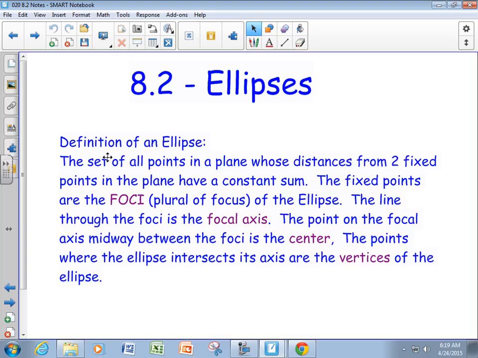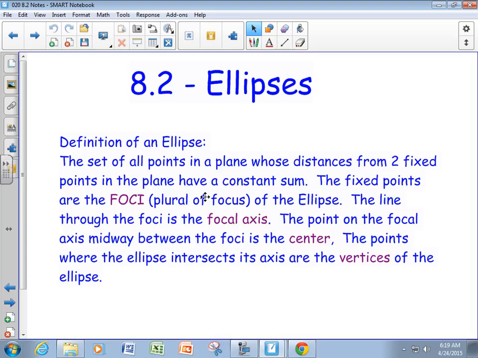But as far as our definition goes, we're talking about an ellipse being the set of all points whose distances from two fixed points have a constant sum. These two fixed points are what we want to talk about here for a minute to give you a visual of the ellipse. The fixed points are called the foci, which is the plural of focus.